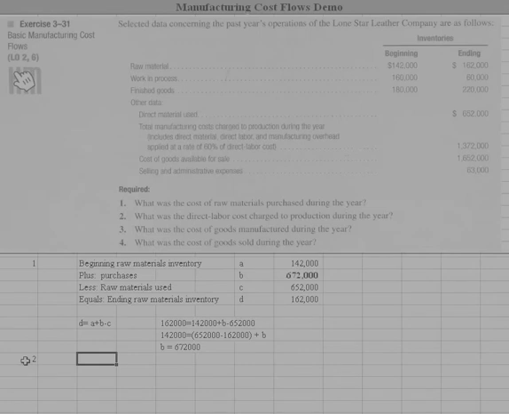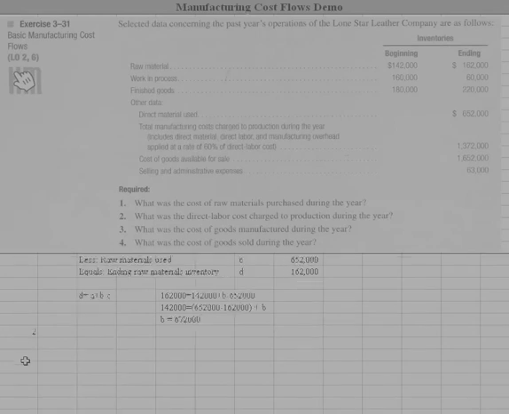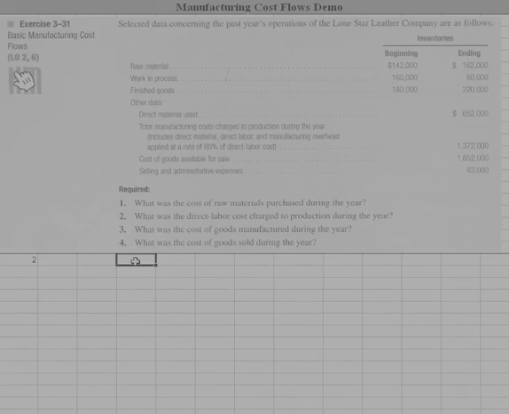Number 2 says, what was the direct labor cost charged to production during the year? Let's slide down so we give ourselves some room. Well, we know that the total manufacturing cost was $1,372,000. Let's write that down.